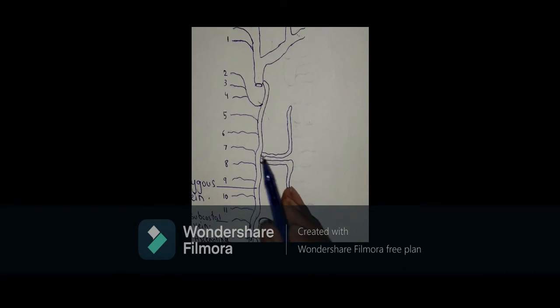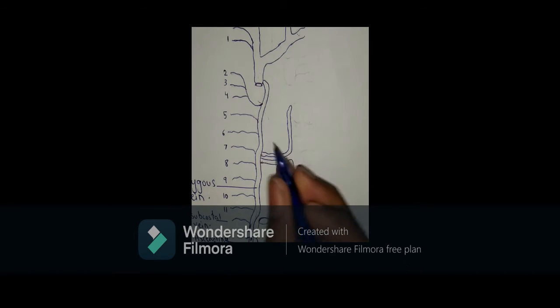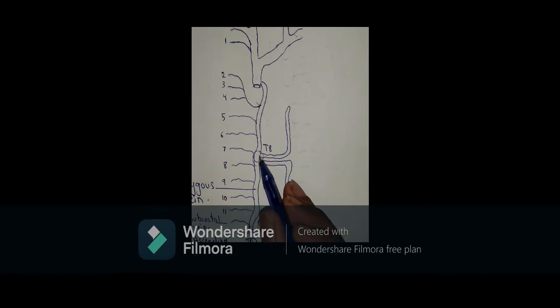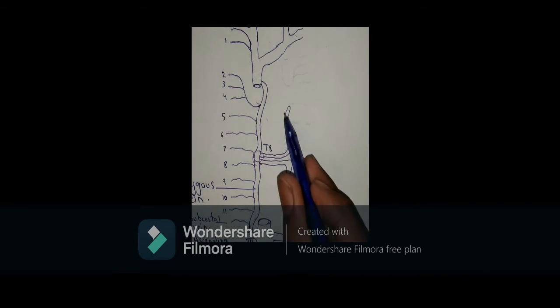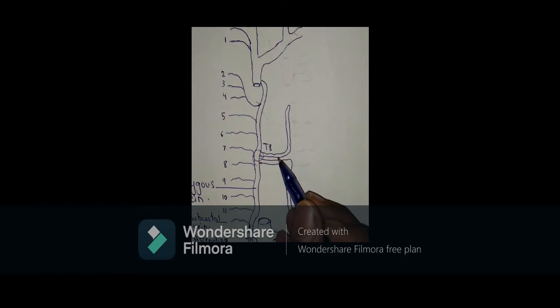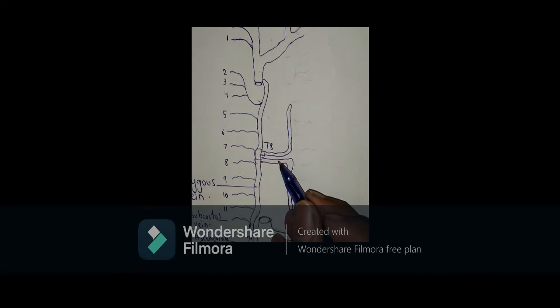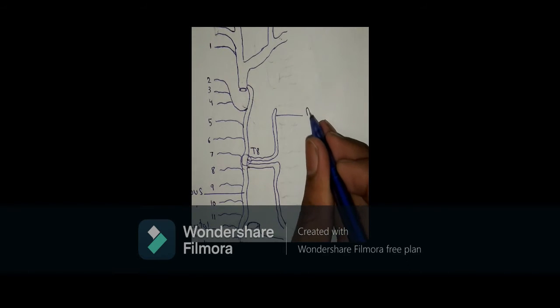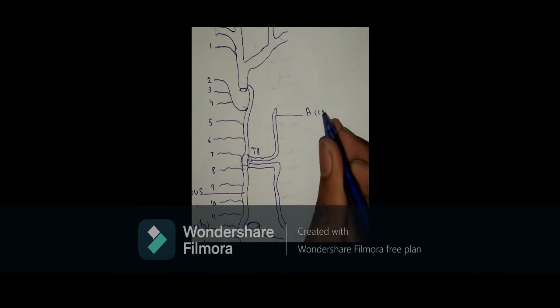First, let's look into this upper branch of the azygous vein at the level of the T8 vertebra. The branch arising here is the accessory hemiazygous vein.